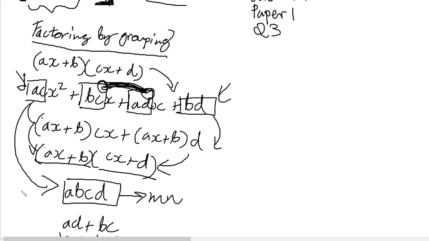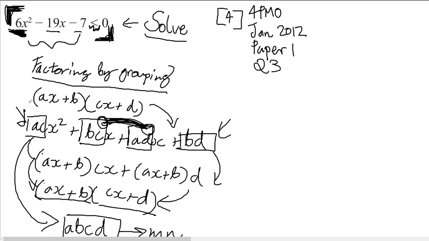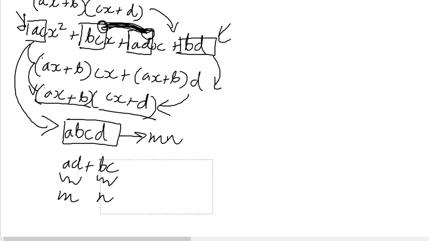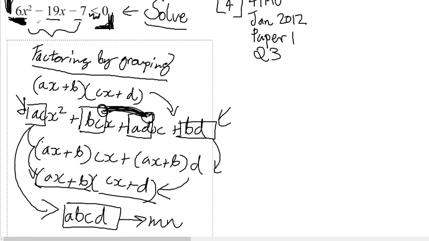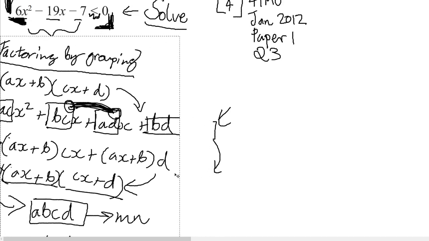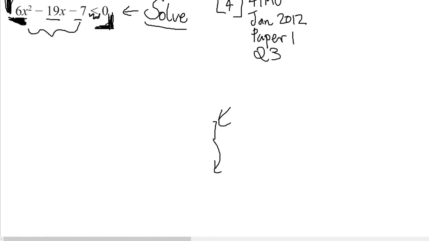If this all sounds a bit abstract to you, like it's not a real technique because you haven't seen it in action yet, then don't worry, because I'm going to apply it to this quadratic expression through this video.